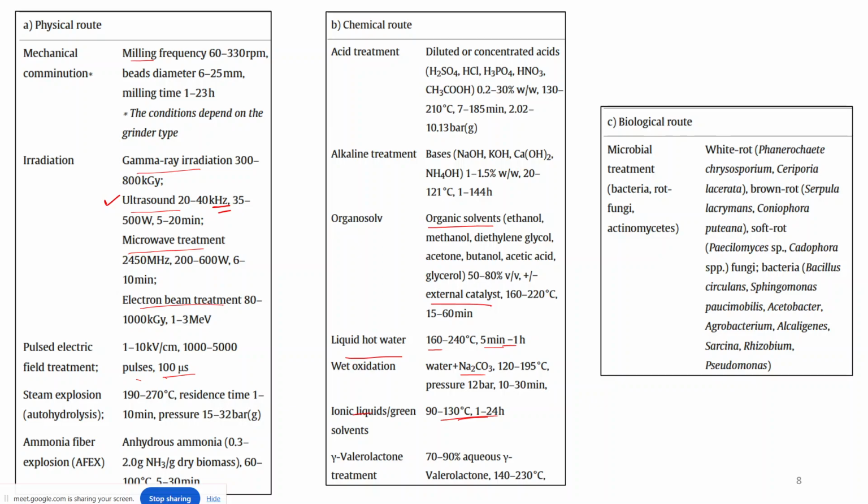So when this biomass is dipped into some solvent and we do the ultrasound or irradiation process, that pulp will be well mixed, and molecules will not be agglomerated; they will be well dispersed. So that will be good for further conversion processes.